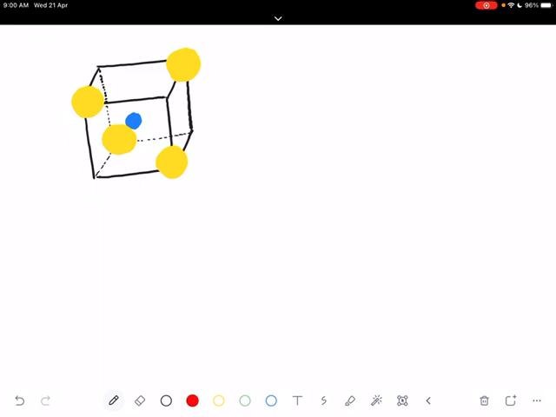For that, you have to draw a diagonal from the center of one yellow ball through the blue ball to the opposite corner of that cube to that yellow ball. So I have drawn a line from its center.